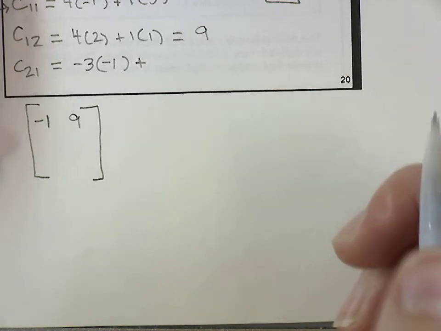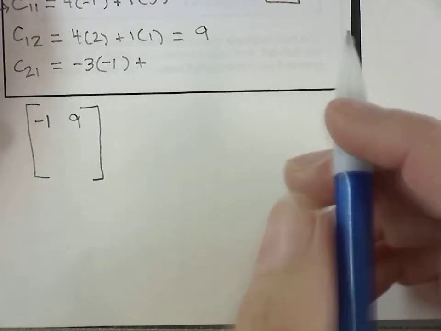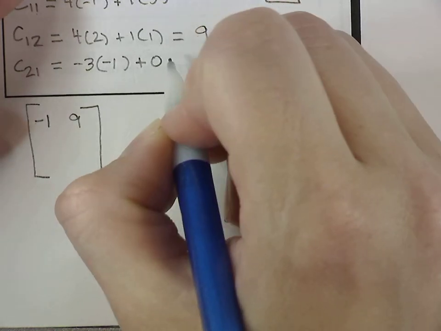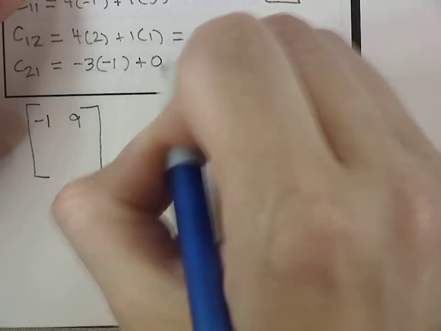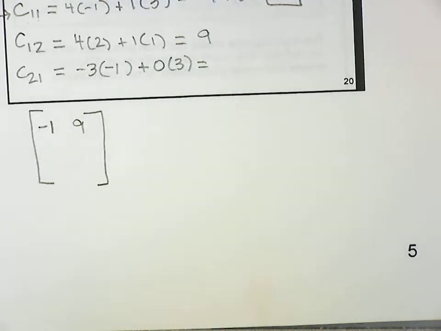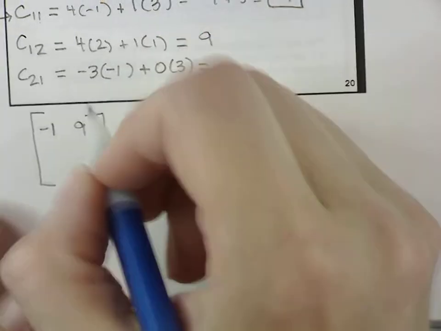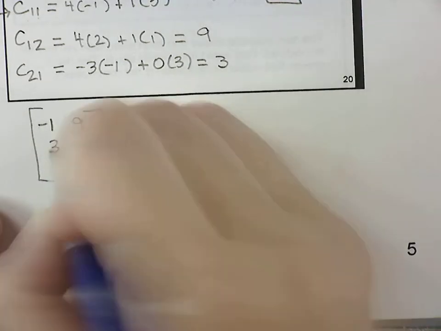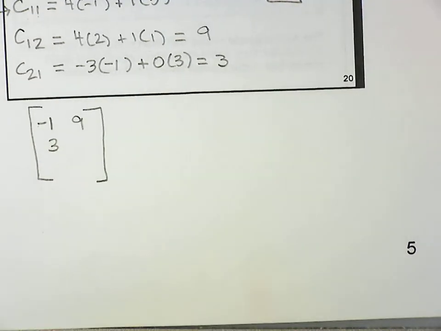And then Hayden, do you think you can tell me what I'm going to add it to? 0. Yep, and it's really 0 times. Like you just did, if you saw it was 0, I would just write 0. So a negative times a negative is going to be a positive.